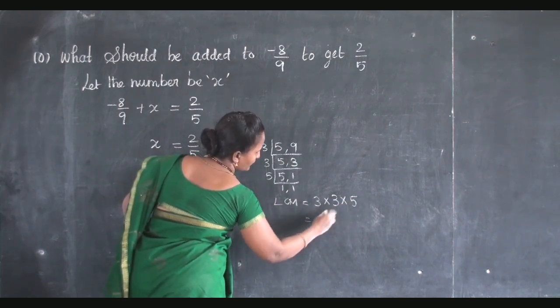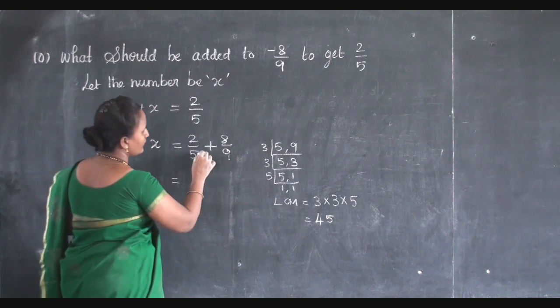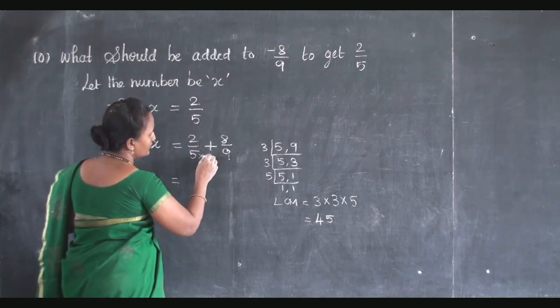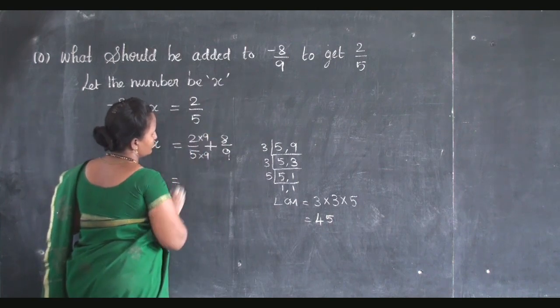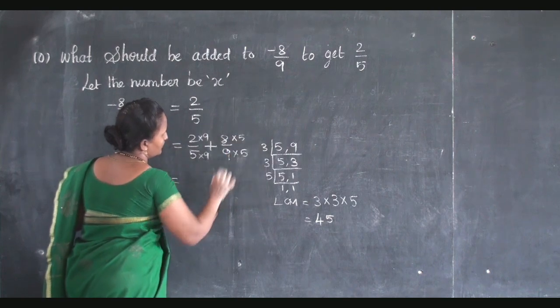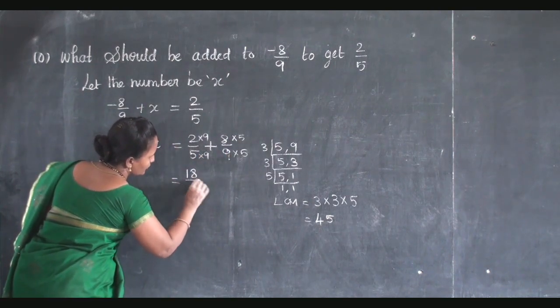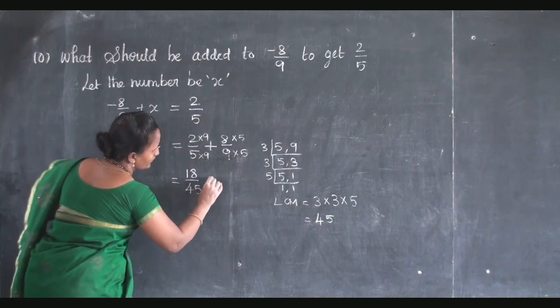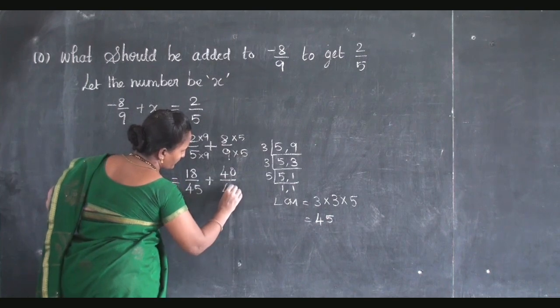3 9s are 27, 9 5s are 45. So LCM equal to 45. What number do we have to multiply to get 45? 9. And here 5. So we have to multiply the denominator also. 2 9s are 18 divided by 45 plus 8 5s are 40 divided by 45.